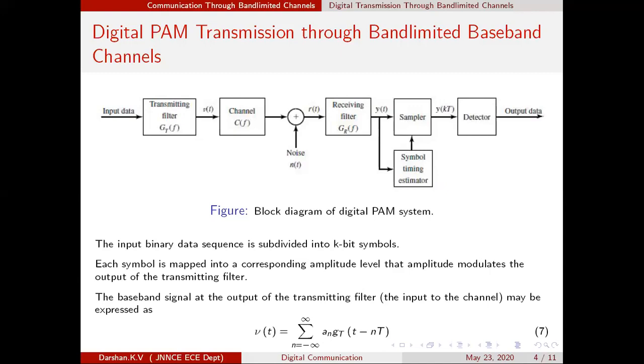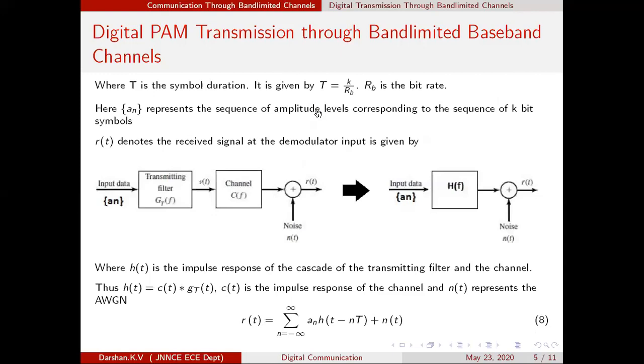So this train of pulses is made to pass through the channel, where you have the additive noise, and R of t is the received signal. That has been written over here. The input data, that is the symbols, passes through the transmit filter, and the generated pulses are passed over the channel, and you get the received signal R of t.